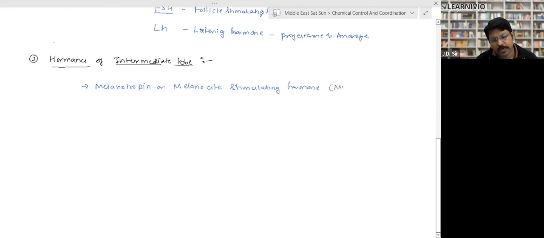In short, we call it MSH. It is responsible for giving color to the skin of humans and other animals.